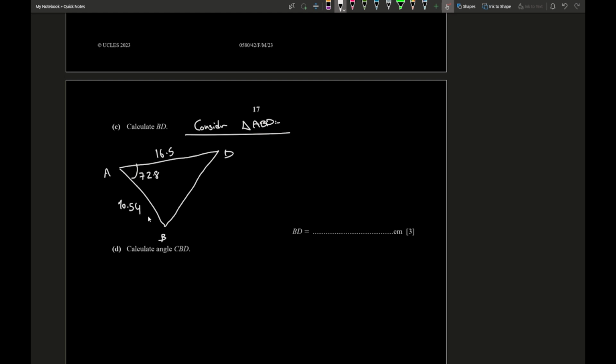Keep in mind that this is not a right angle triangle, so we'll have to use the cosine rule to find the missing side length BD.